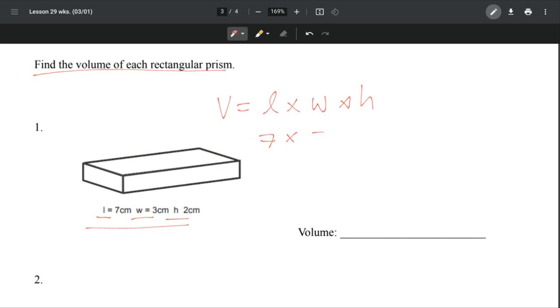multiply 7 times 3 times 2. Okay, and so that's 21, and so 21 times 2, that is 42. And don't forget about the units, which is centimeters, and then it's going to be cubed because it's volume.